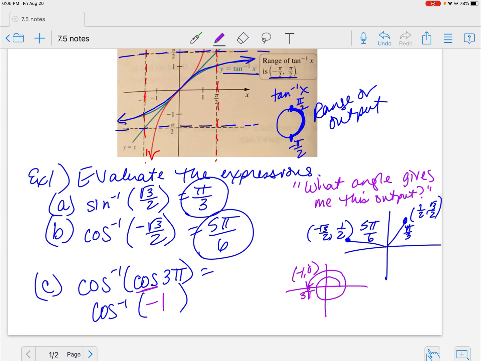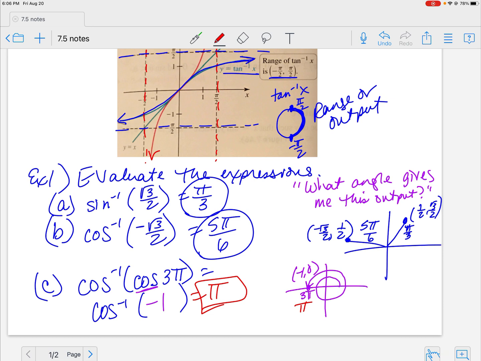Now I'm getting restricted. Whenever I'm looking at this restriction for cosine, I'm restricted only to this top half. And inverse cosine over here is going to give me a what? Pi. And that's how it works.